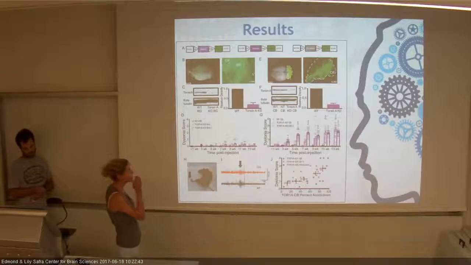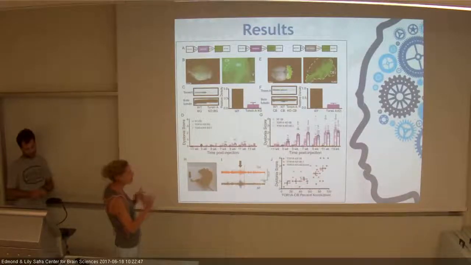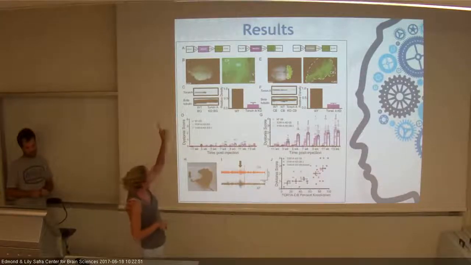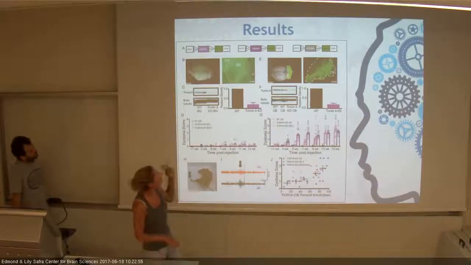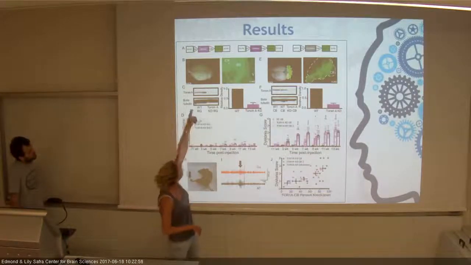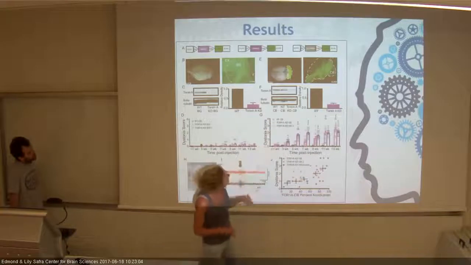So here are some of the results, and it's going to be much nicer in a second. They targeted the tyrosine A in the basal ganglia and in the cerebellum. You can see here in B the GFP expression in the basal ganglia and here in the cerebellum.